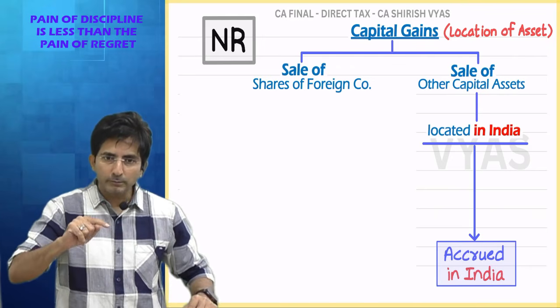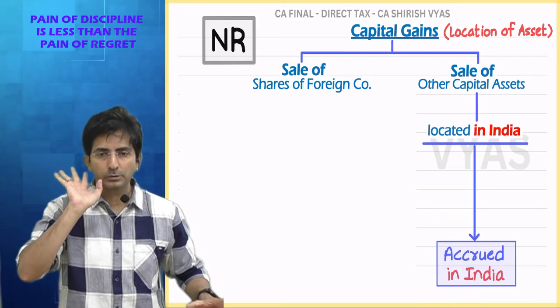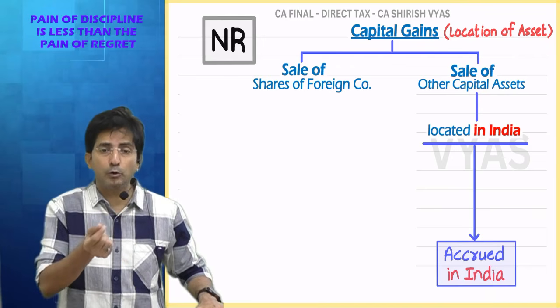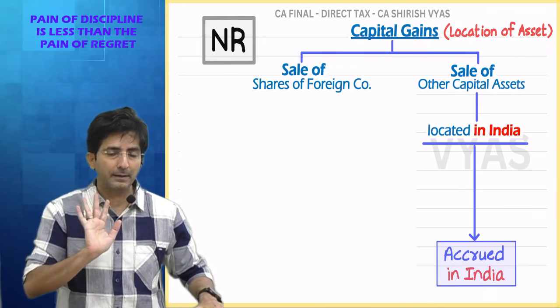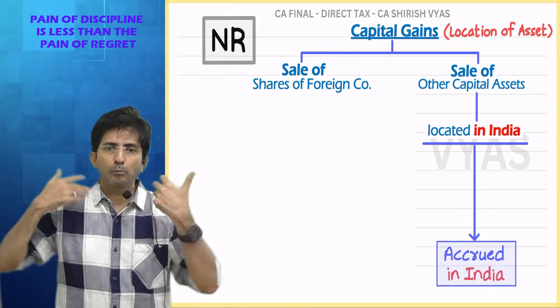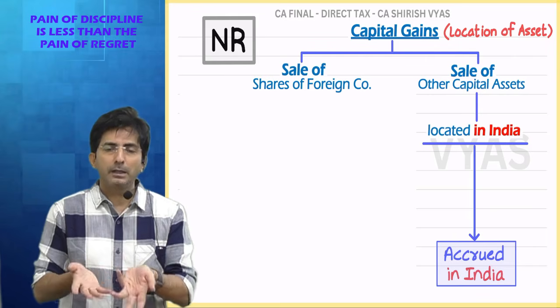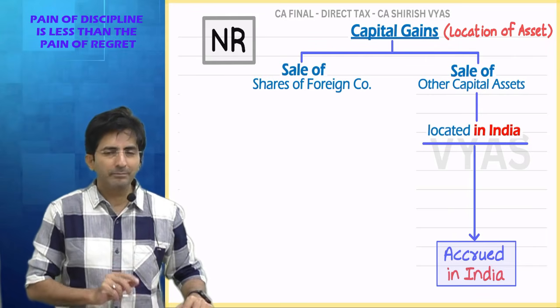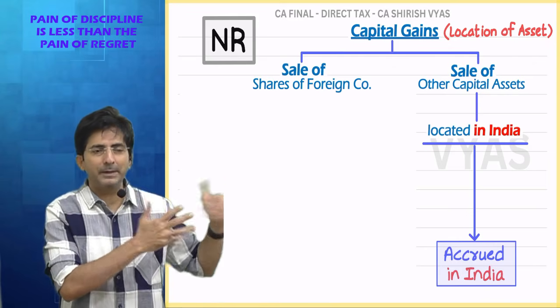In value terms, it should be more than 10 crores. Assets in India, in value terms, should be more than 10 CR. Because sometimes we say they have got most of the assets in India, but in value terms it is hardly 2-3 crores. Then it's a German share, capital gain accrued in Germany.